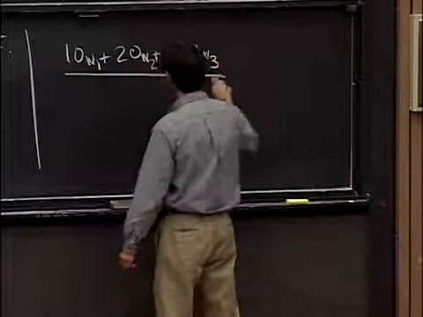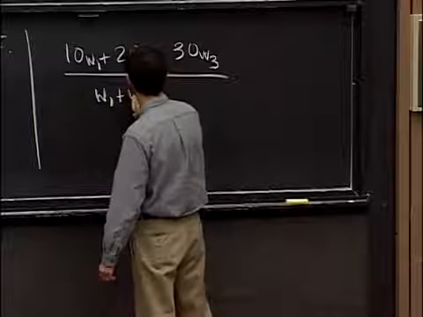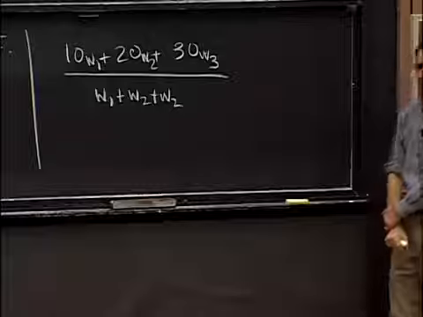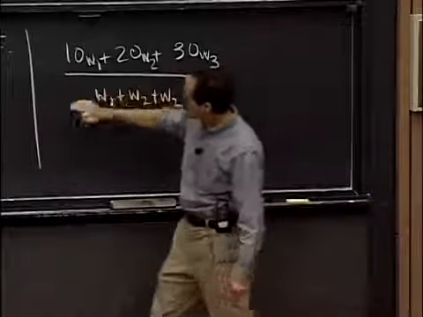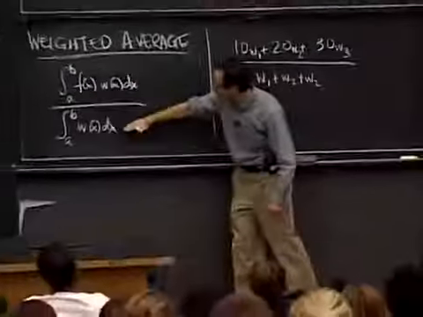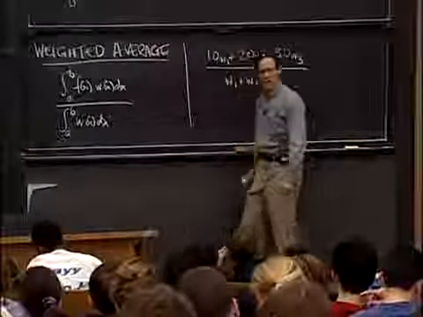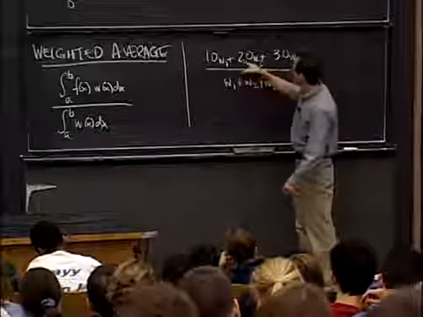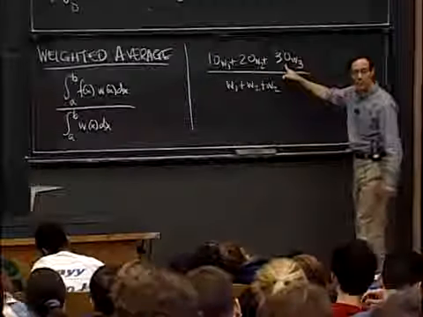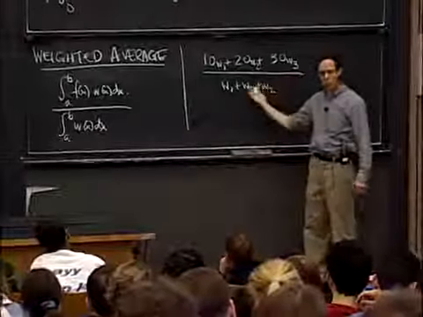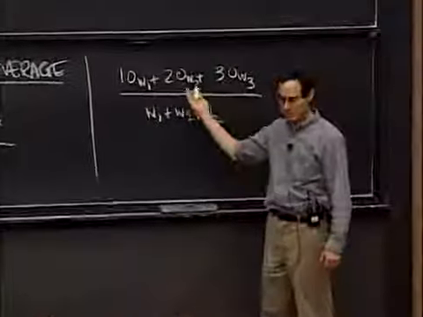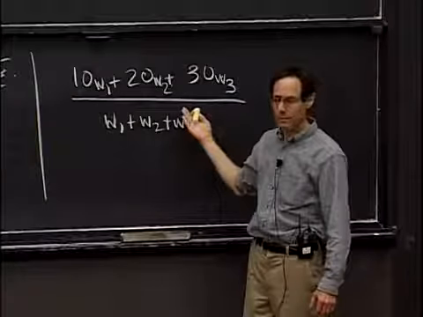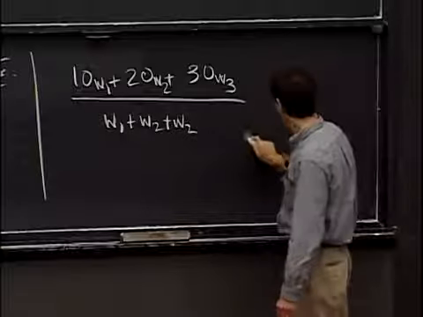And the total price, the average price, is the total price divided by the total number of shares. And this is the discrete analog of this continuous averaging process here. The function f now, so I use w for weight, the function f now is the function whose values are 10, 20, and 30. And the weightings are the relative importance of the different purchases. All right, so again, these wi's are weights.